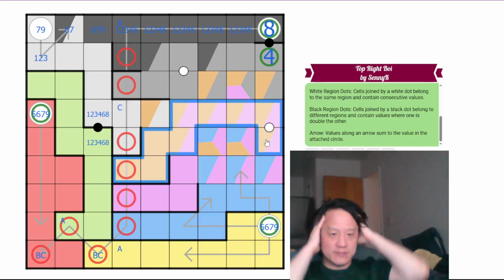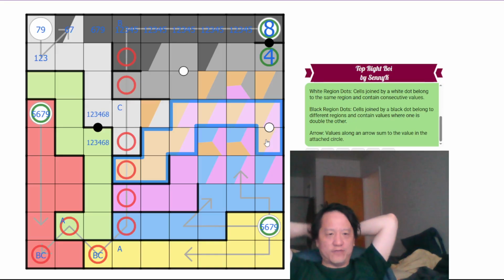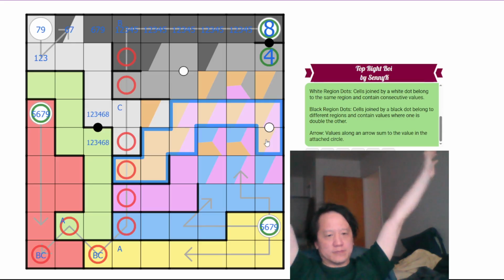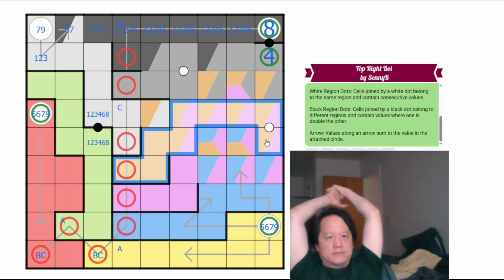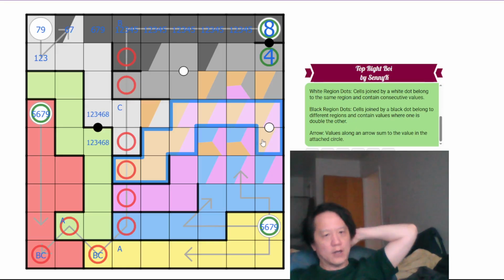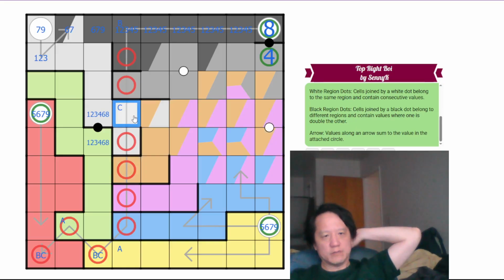What else do we have? This value has to be a 1. Right?